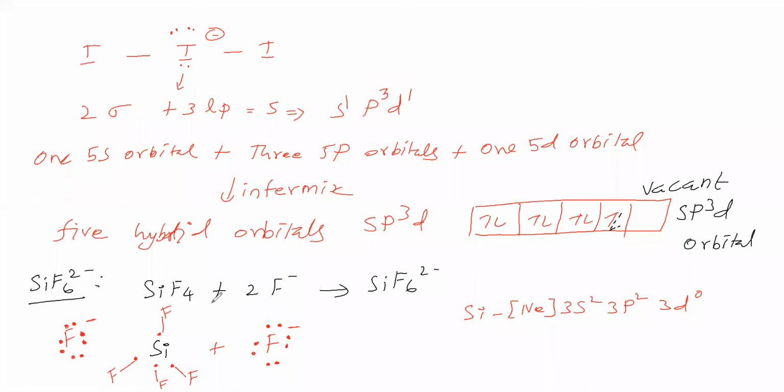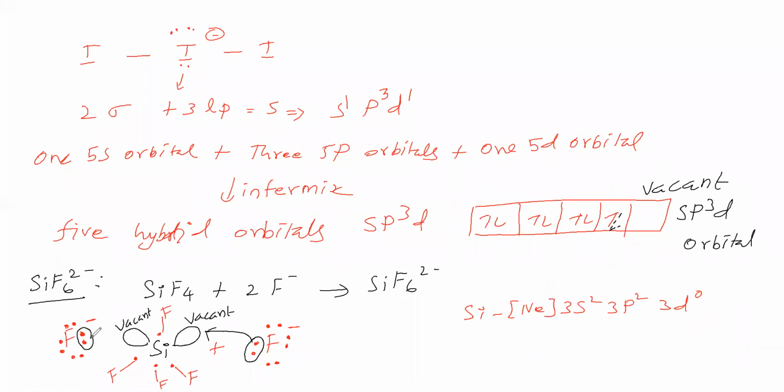Then what is happening? This silicon is providing vacant orbitals. This F minus is contributing a lone pair.